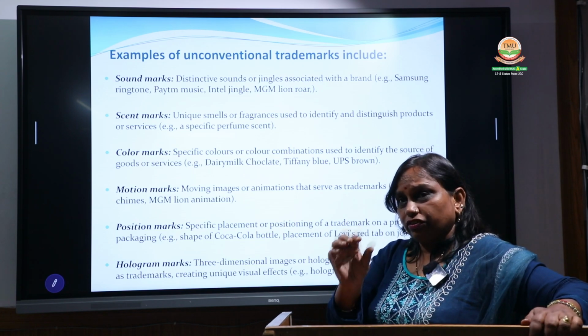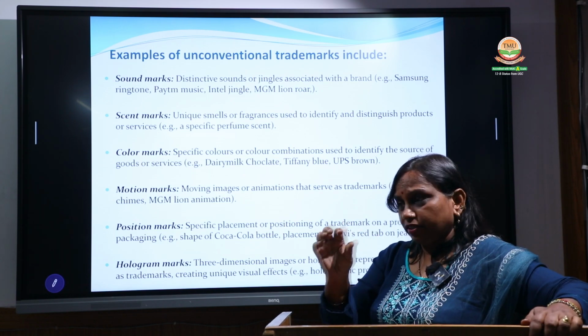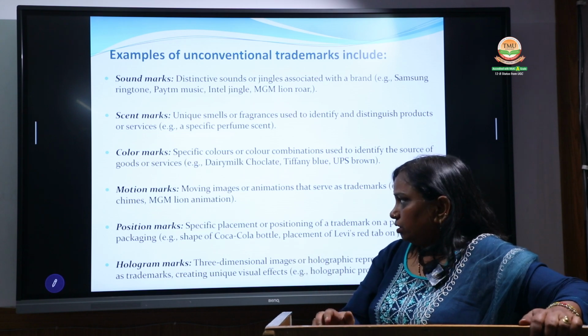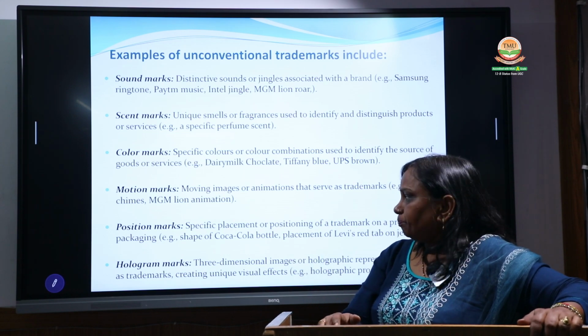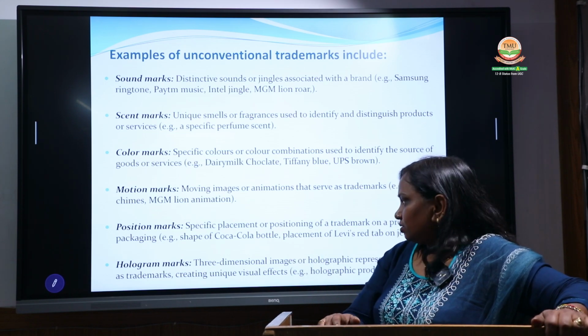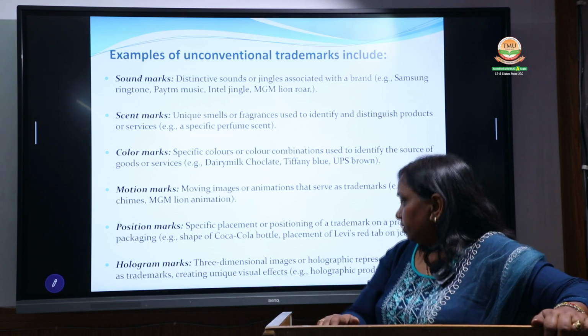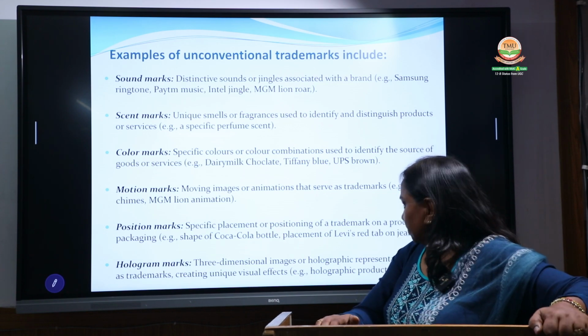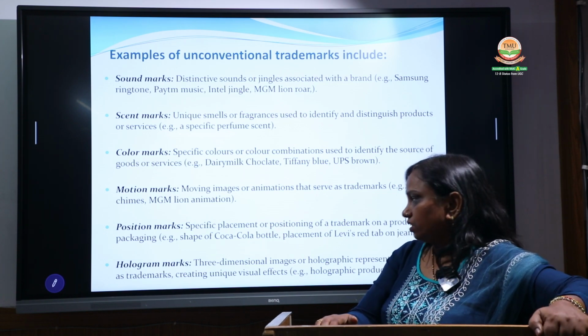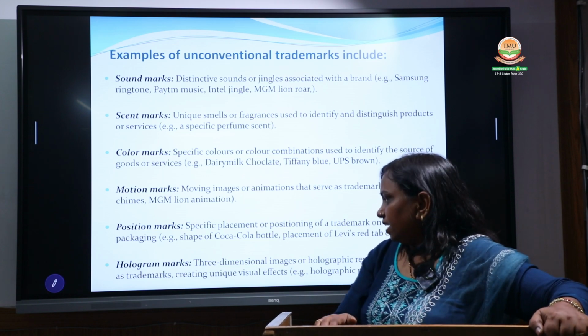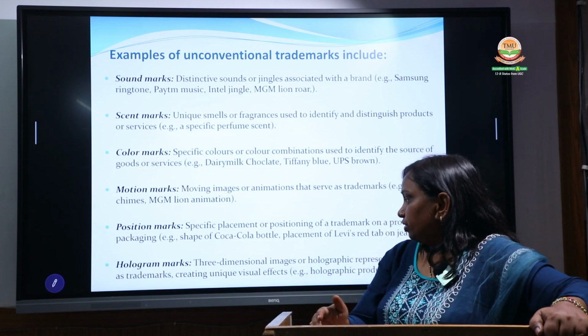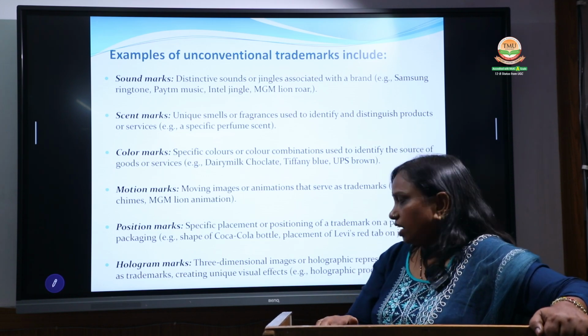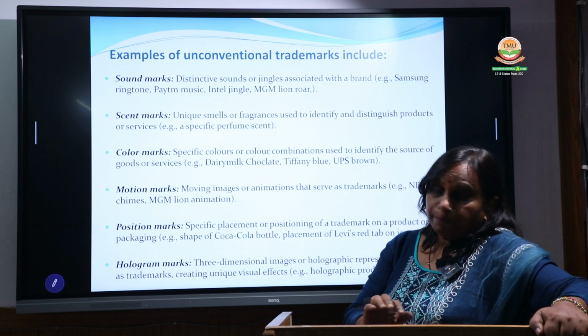That particular mark is placed in a particular position, and that is also part of trademark. Then hologram marks, which are three-dimensional images or holographic representations, used as a trademark very popularly nowadays, creating unique visual effects like holographic product labels.